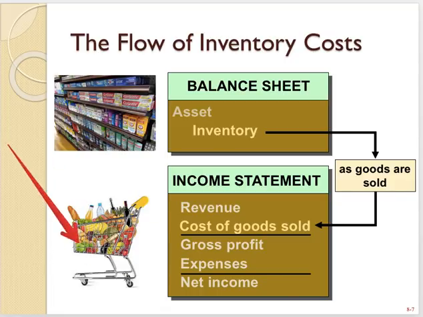And as you can see, I have them here in a shopping cart, which indicates that these goods are no longer inventory. They've been taken off the store shelf. They're no longer available for sale. They've been sold. They're in a shopping cart ready to go home with the customer. So goods that have been sold are your cost of goods sold.